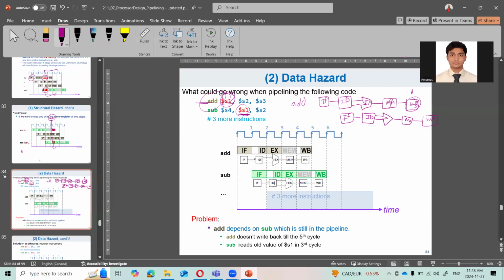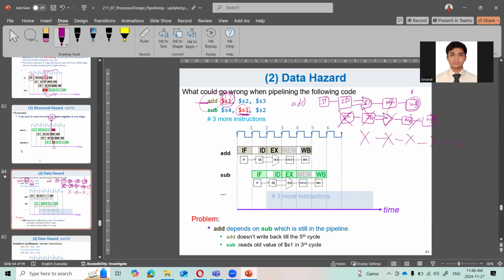So one easy solution would be, no, no, no. We have to stop because drawing clouds is too hard, so I'm drawing X's.